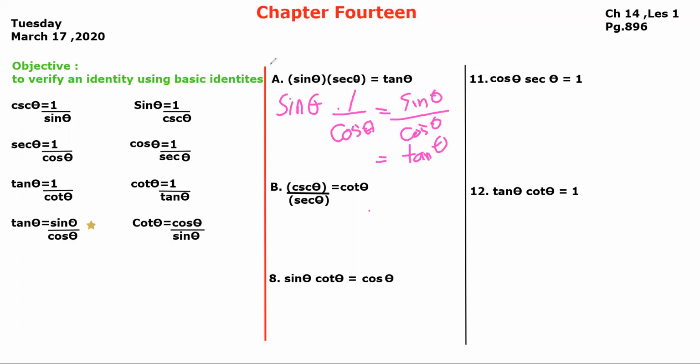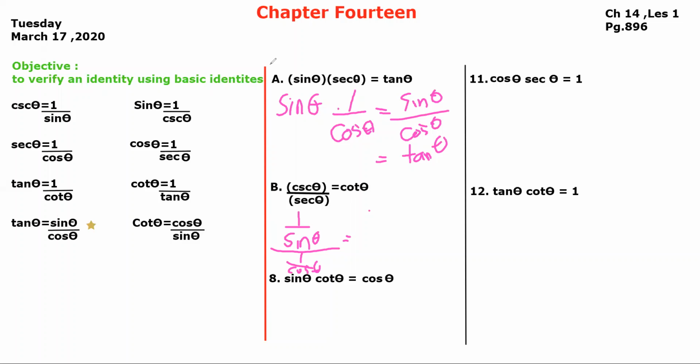Number 2, cosecant over secant. I want to prove that it is cotan. Cosecant is 1 over sine theta, and secant is 1 over cosine theta.